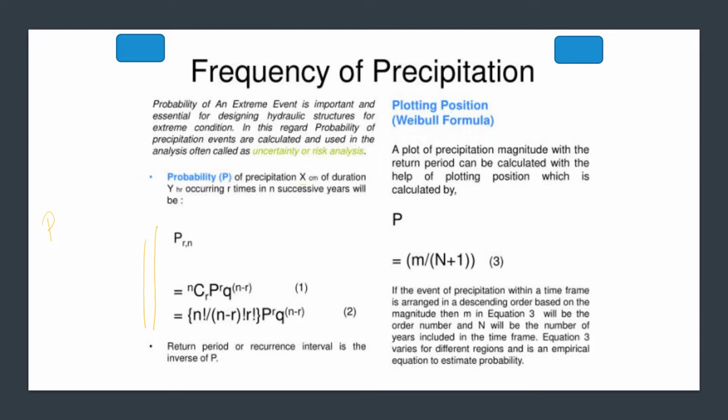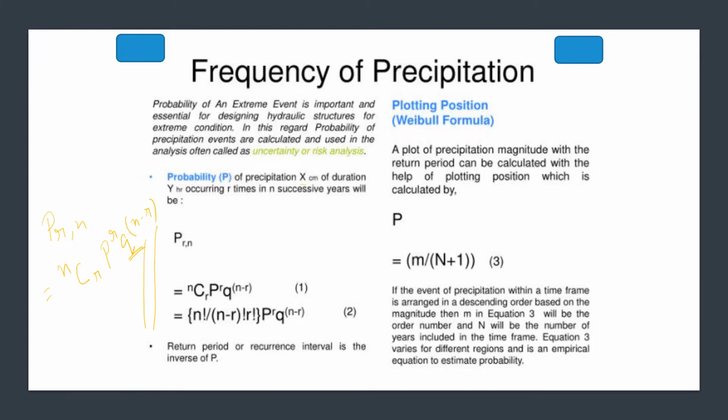We want to know the probability of that event to occur R times in the next n number of years. That formula will be P(R) = nCR, n combinatorial R, times the probability of that event to the power R, multiplied by Q to the power n minus R.